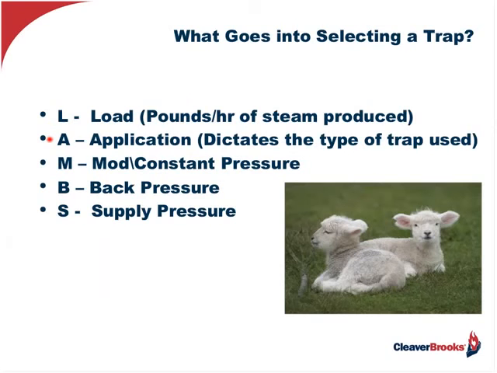Is it a steam line? A radiator? A steam tracer line? A jacketed kettle? What is it? Is it a modulating or constant load? Very important in terms of trap type that I'll use. And what's the back pressure? And what's the supply pressure? That'll give me my differential so I can make sure that I evacuate the condensate properly through that trap.